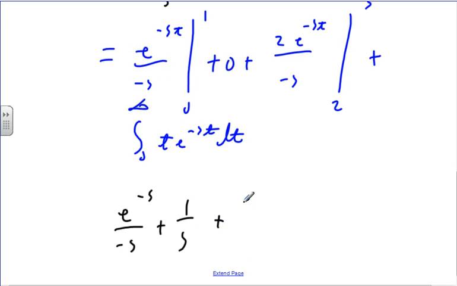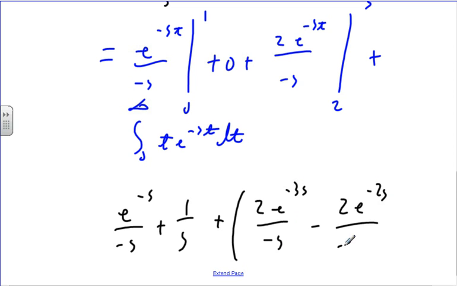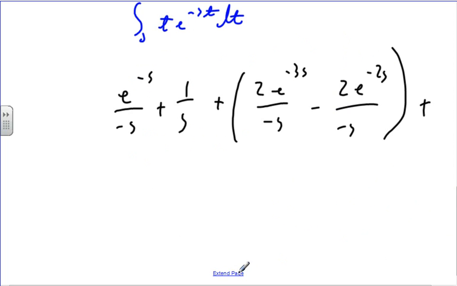Plus, I put a 3 in, 2e to the minus 3s over minus s, minus 2e to the minus 2s over minus s, plus whatever else I have left over. Plus the integral from 0 to infinity of t e to the minus st dt.